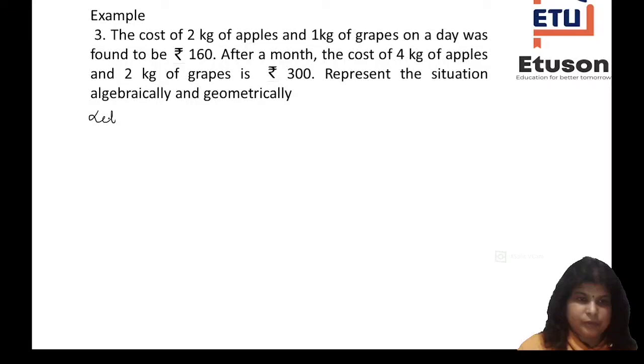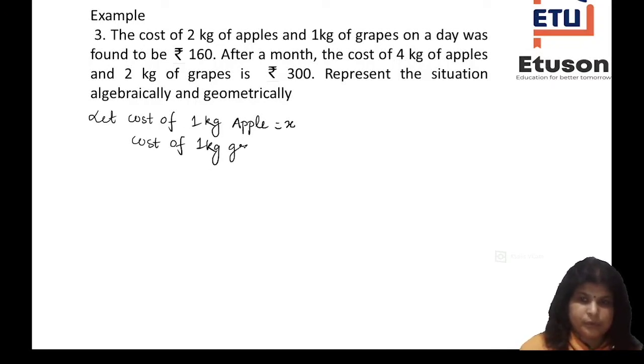So let the cost of 1 kg apple be equal to x, and the cost of 1 kg grape be equal to y. So the first condition, 2x + y = 160.